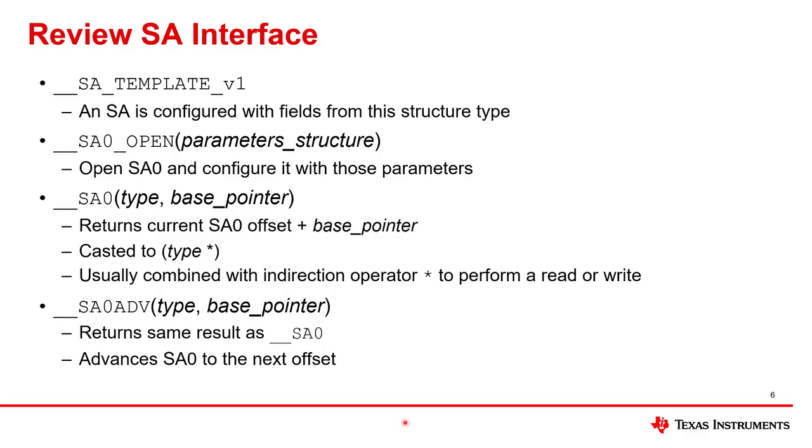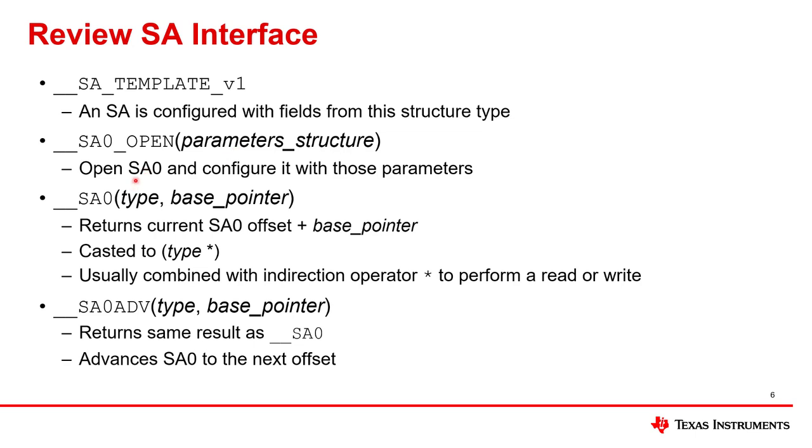I want to review the SA interface introduced in the second example. So this is a type name. It's a structure type. An SA is configured with the fields from this structure type. The function SA0open takes one argument, a parameter structure.